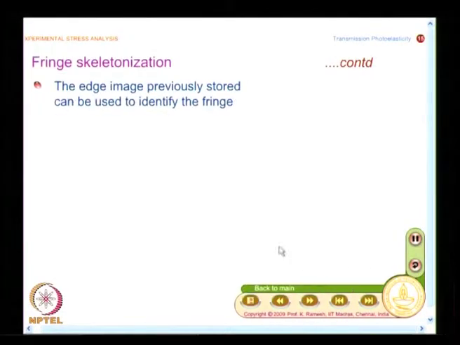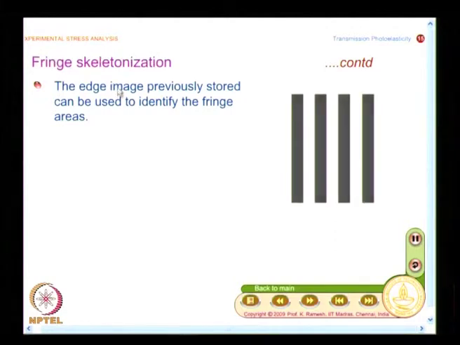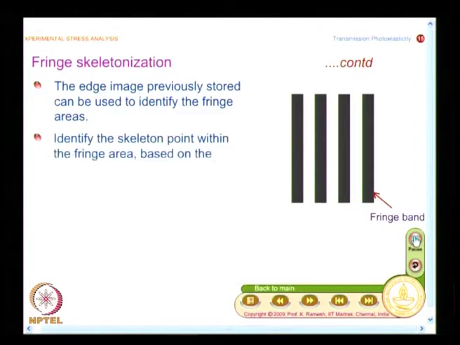Now, we will look at an intensity based algorithm, and what we call fringe skeletonization. What is shown here is, we have already seen I can get fringe areas identified by a simple process of thresholding, and I have that as an edge image which is previously stored. It can be used to identify the fringe areas.